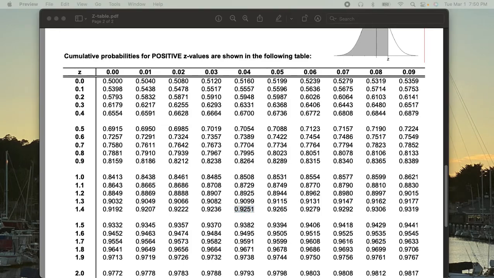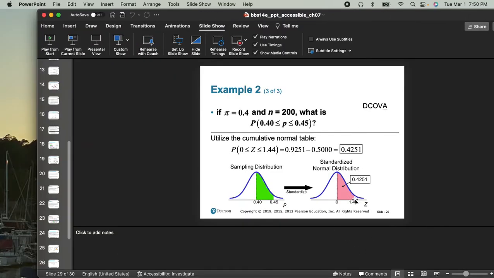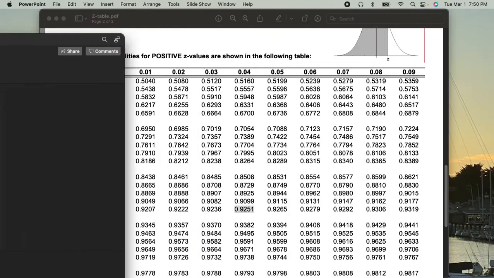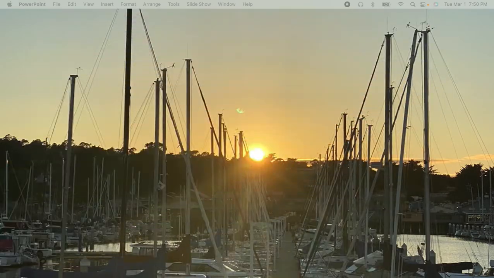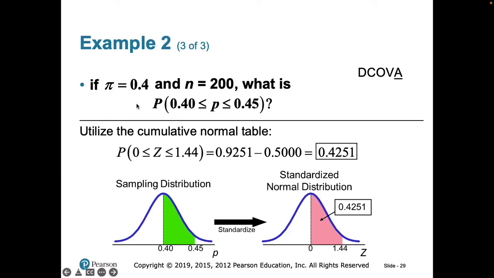But remember, this part to the left here is 0.9251, but we have to subtract the 0, which we know is always 0.500. So we subtract that, and that gives us 0.4251. So here it is, right? 1.44 is 0.9251. We subtract the 0 because we don't want that part of the data. So once we do it, we get 0.4251.